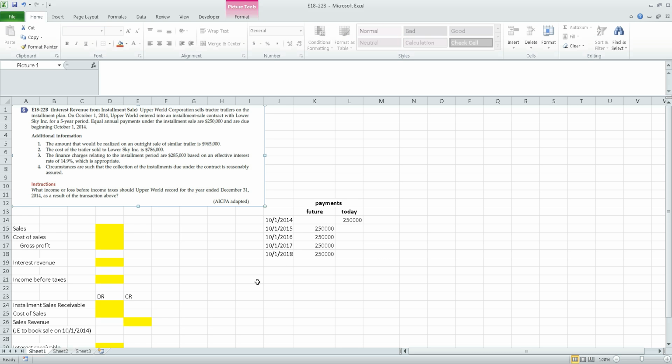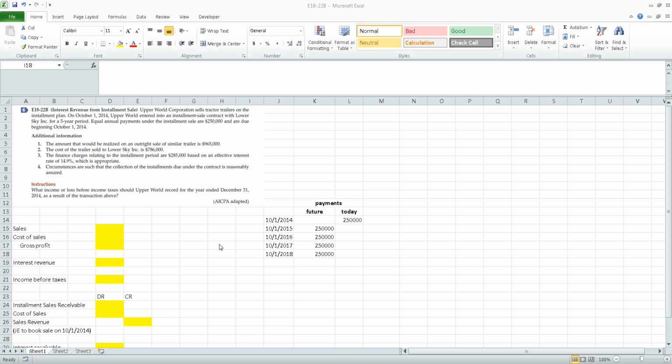Obviously it's provided to you in the facts of the problem. That's the rate which, when used to discount those future payments, yields a present value equal to the fair market value of the trailer of $965,000. In other words, discount these future payments at 14.9%, and with rounding difference you come up with $965,000.